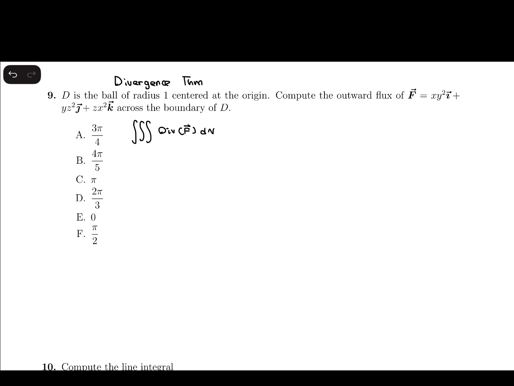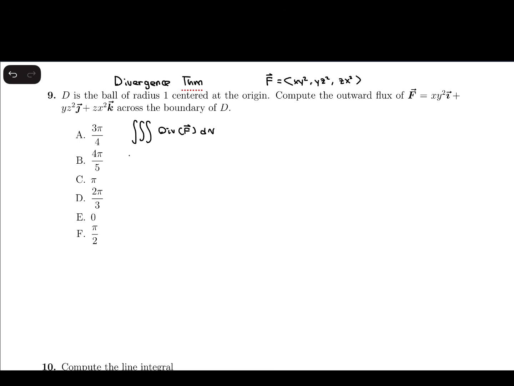They just made it a bit longer and they're using spherical coordinates now, which we'll get to. So the first step, as always with all good things, is to calculate the divergence. We know that vector F has the components x y squared, y z squared, and z x squared.